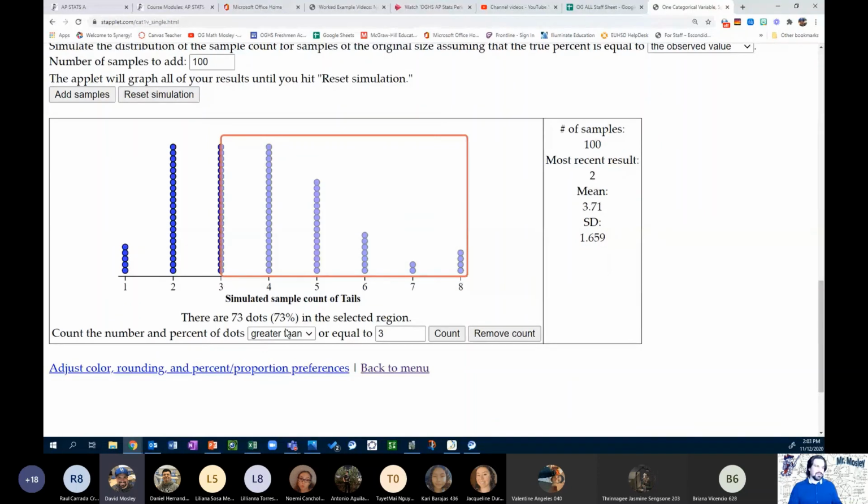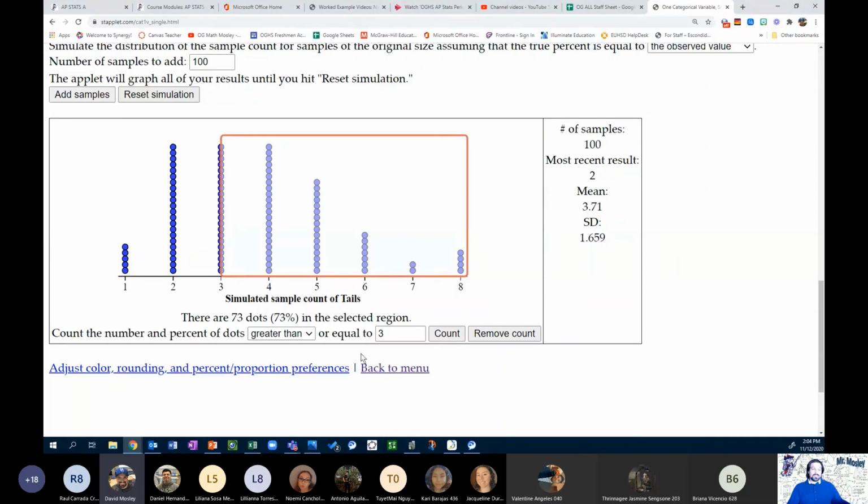So this is saying there's a 73% chance of getting 3 or more tails, right? Given the unfair coin. All right. And that's based on the 60-40 unfairness.